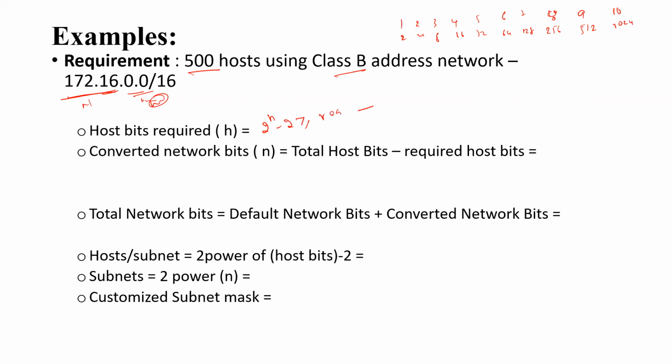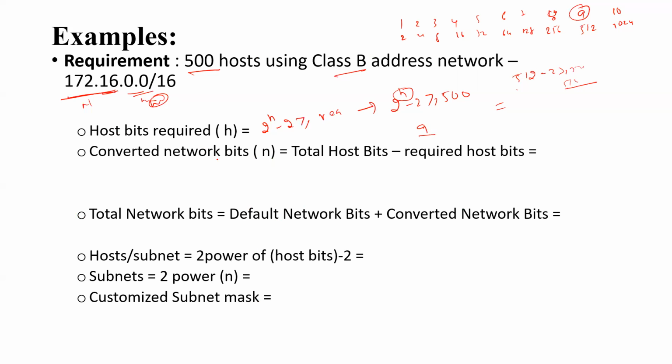So 2 power h minus 2 greater than or equal to 500. What is the h here? h is 9. So 512 minus 2 is 510, which is greater than or equal to 500, so we can take this host portion. The number of host bits is 9.